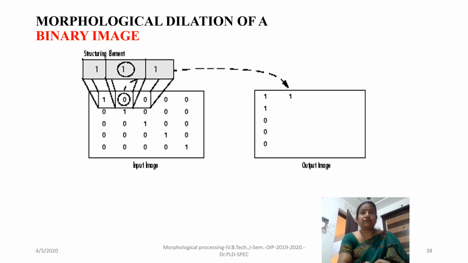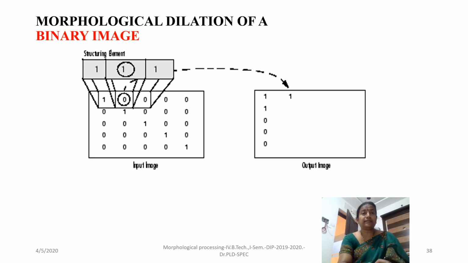Let us see here the morphological dilation of a binary image. This one is a structuring element, 111. This is an input image. How are we going to replace the center element?